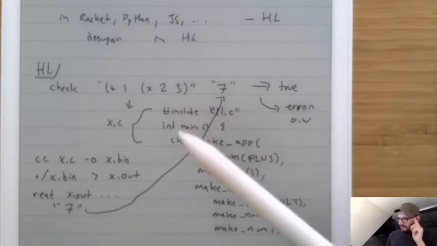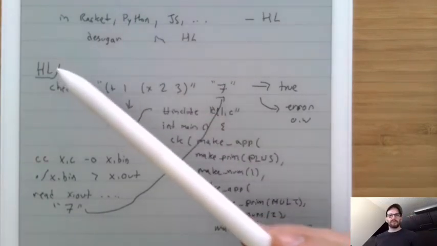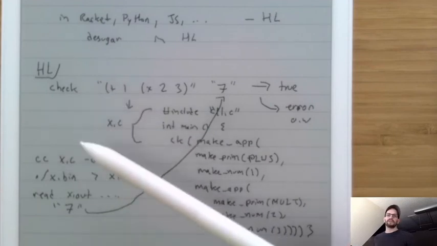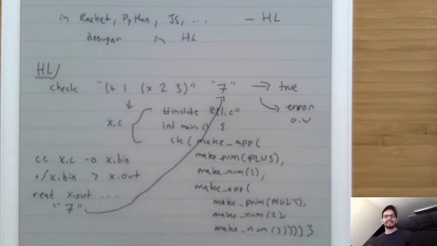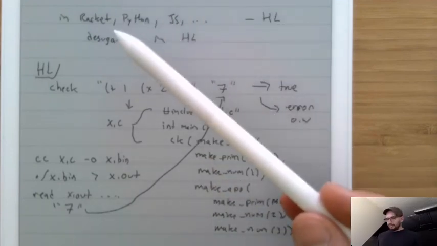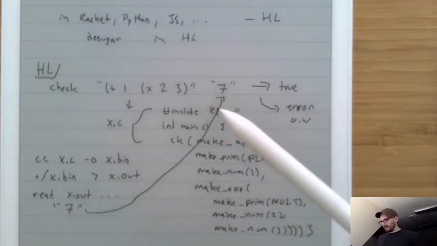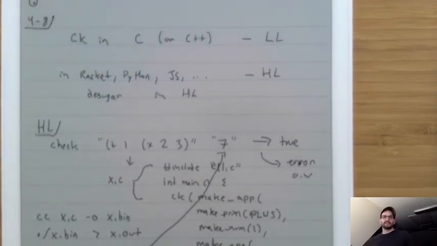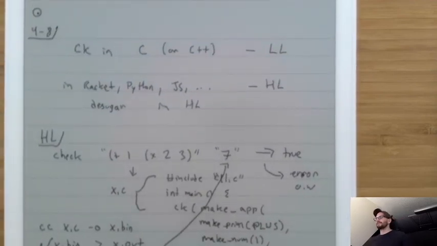And so now I can have my high-level program implement my reader, my desugarer, all the other things that we'll talk about in the class, and I can do that in the pleasant language that I like using, because I don't like writing C programs. I can write it in this pleasant language that I prefer to use, but then I can write my low-level C program in a really simple language for writing the CK machine.